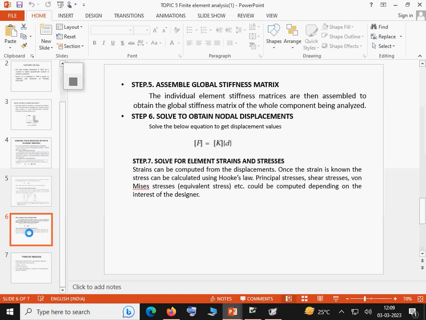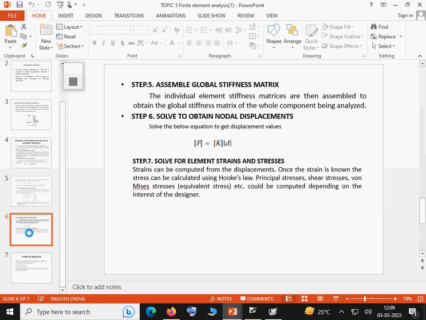What kind of load is acting on that particular portion we have to identify. After that we solve for the nodal displacements, meaning we find the unknown displacement values. When we apply the load at that place, how much load it withstands or how much displacement occurs may be calculated using the stress and strain from the unknown displacement values. Then finally we have to calculate the element stress and strain values.